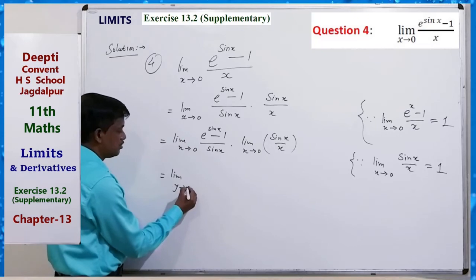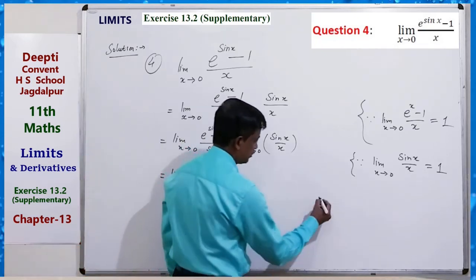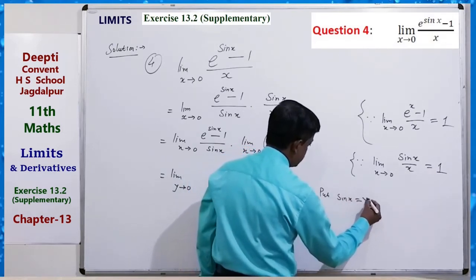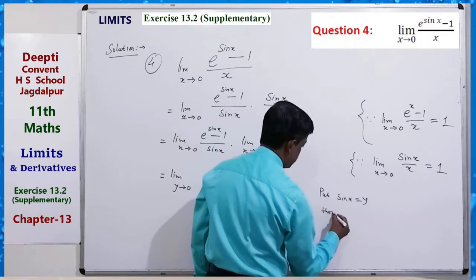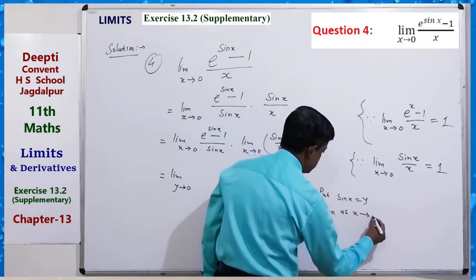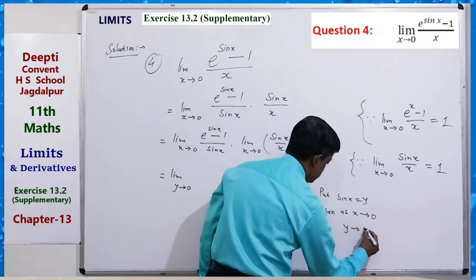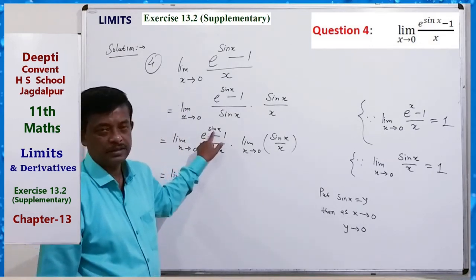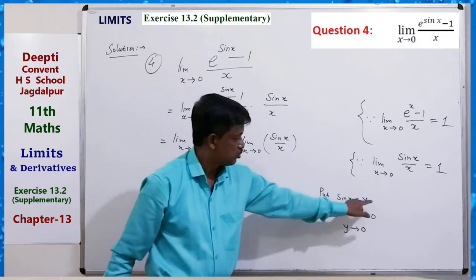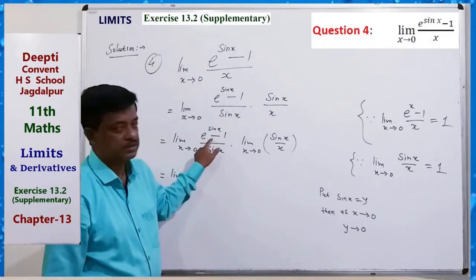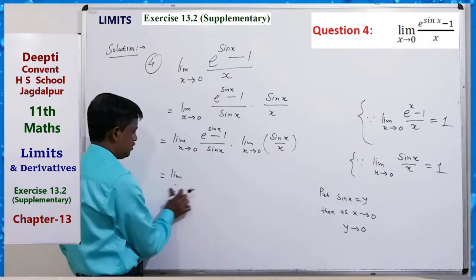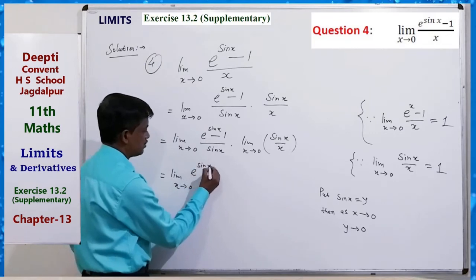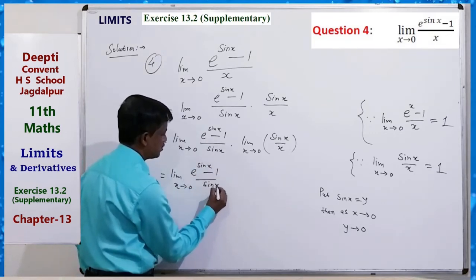Here if we put sin x equals to y, then as x tending to 0, y tending to 0. In the first, we write one time limit x tending to 0 of (e to the power sin x minus 1) upon sin x, into 1.